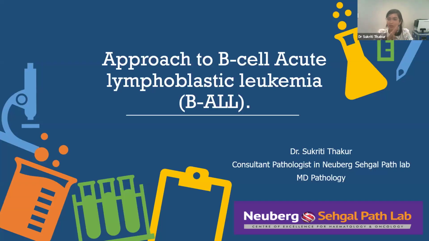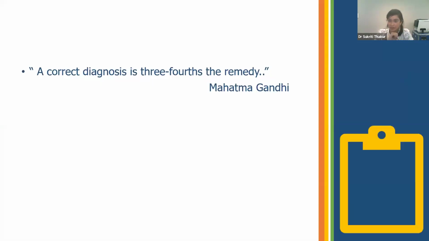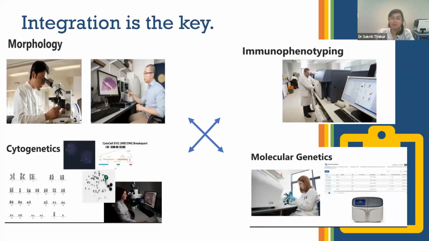The right diagnosis is very important for the clinician and most important for the patient. If we get the right diagnosis at the right time, with the help of the right team and corrective measures, we can save the patient. So it's all about integration, right?